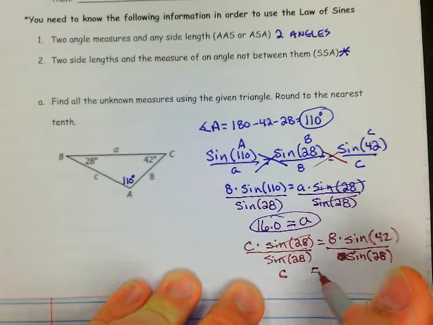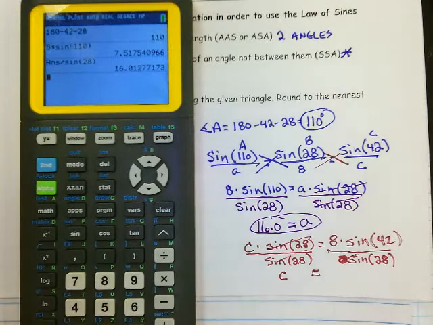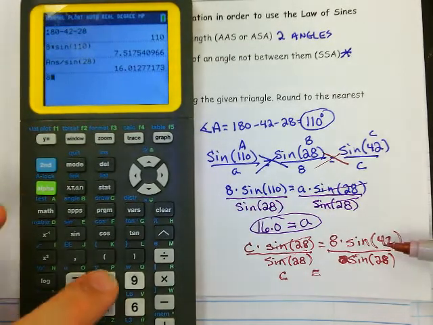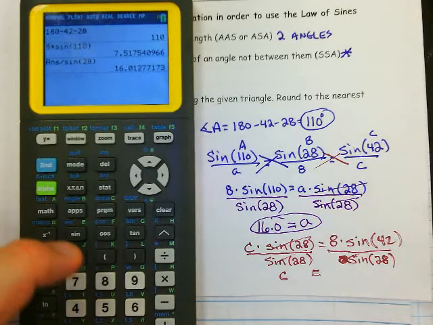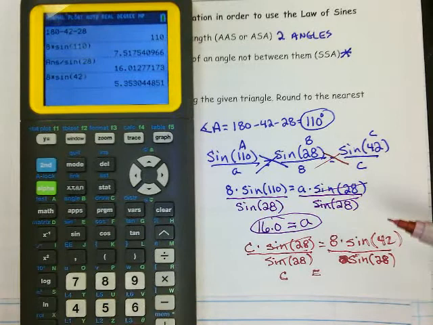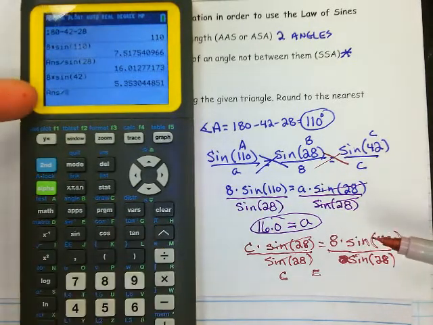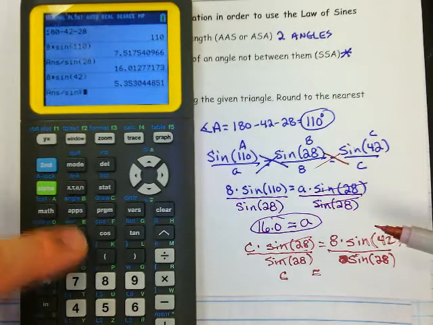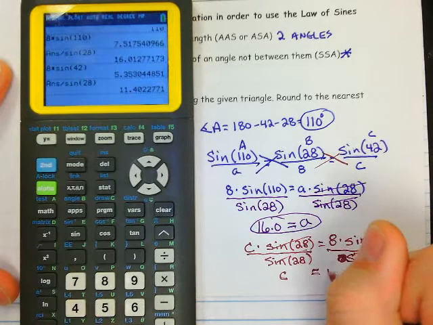So that leaves C equals, and then I'm going back to my handy-dandy calculator here, and I'm going to start out with the top. 8 times the sine of 42 gives me 5.35. Keep on going. Take the result, so you just hit the divide key, and it'll take the previous answer, divide by the sine of 28, and I get 11.4.